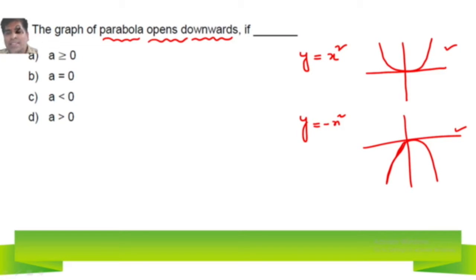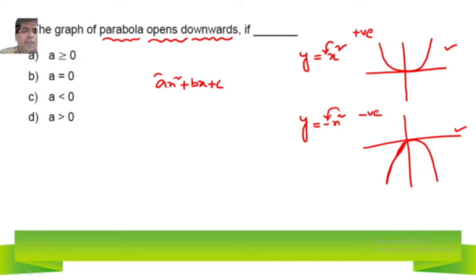So what causes downwards here? Simple. Here the x square coefficient is positive, and here the x square coefficient is negative. So what is a quadratic polynomial? ax square plus bx plus c is a quadratic polynomial.